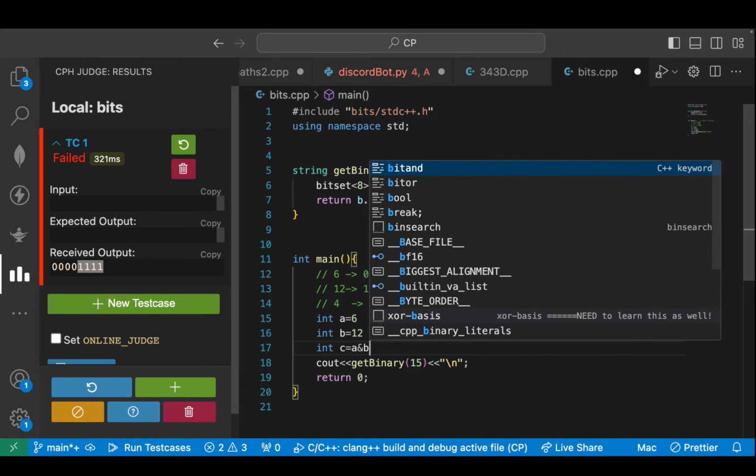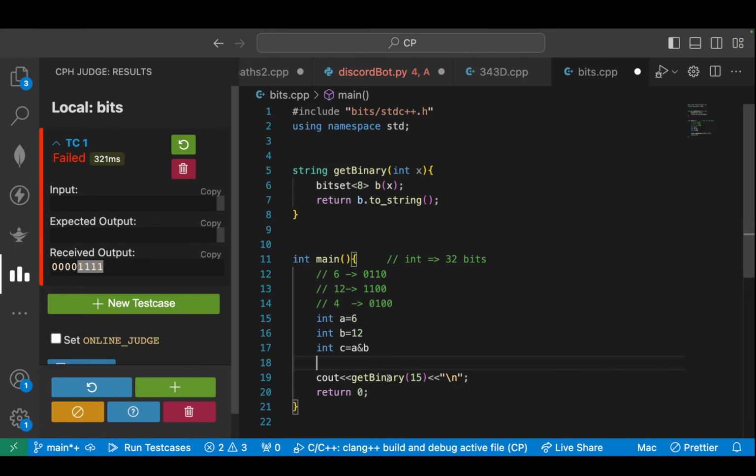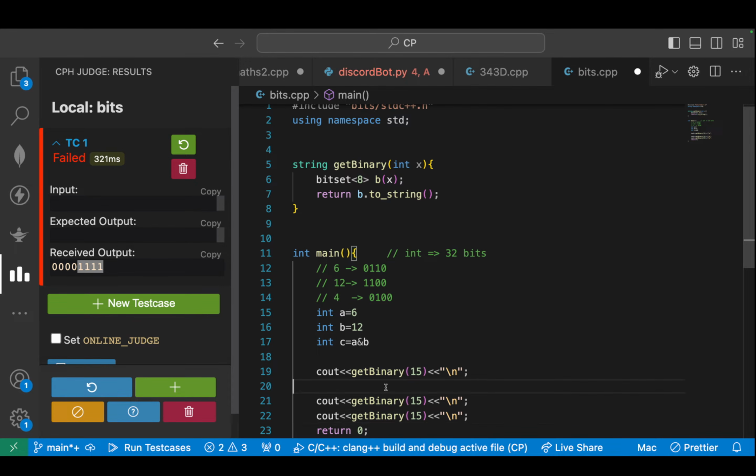So A AND B should be saved in C. Now I can just print all these values so that you get an overview if the values are correct or not. Okay, so let's say this is A, this is B, and this is C. Let's test it out.